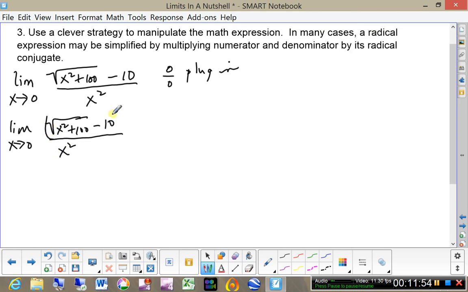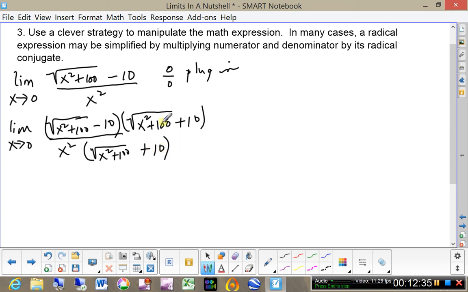Now I'm going to put the numerator in parentheses and multiply the numerator and denominator by the same number, which I call the radical conjugate of the numerator, which is going to be the square root of x squared plus 100 plus 10. If I do that, we got to do the same thing to the denominator, and I get x squared plus 100 plus 10.